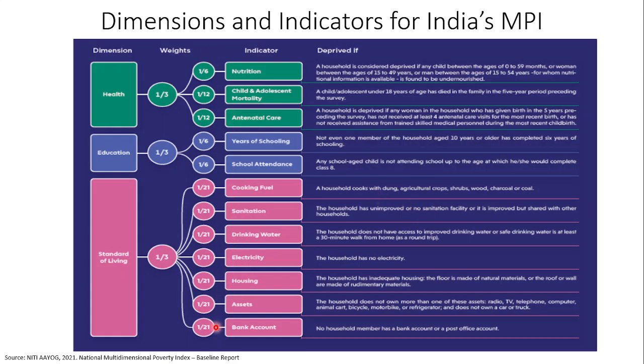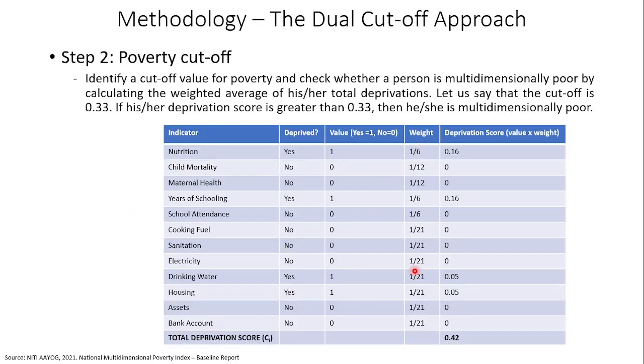You put the weights here, and then you calculate the deprivation score, which is the value multiplied by the weight. That is 1 multiplied by 1/6, which is 0.16. The second is 0 multiplied by 1/12, which is 0. Similarly, here 1 multiplied by 1/6 is 0.16, or 1 multiplied by 1/21 is 0.05.